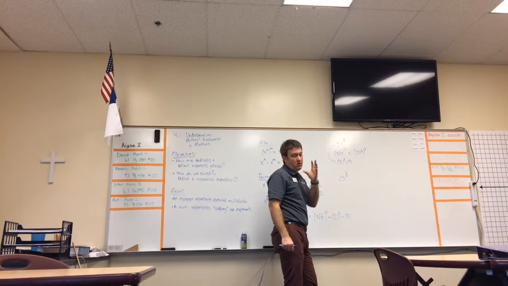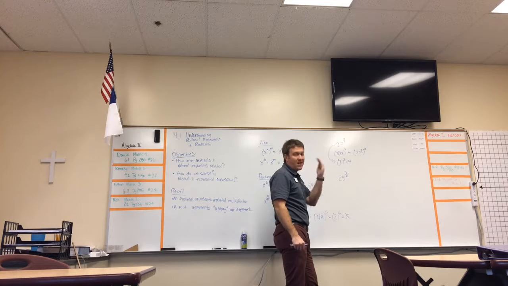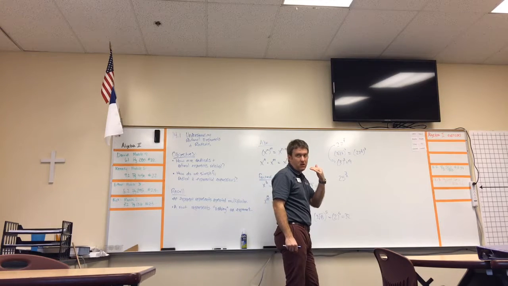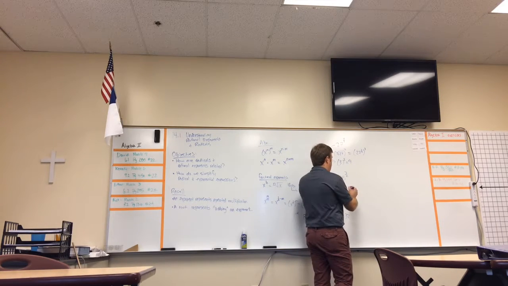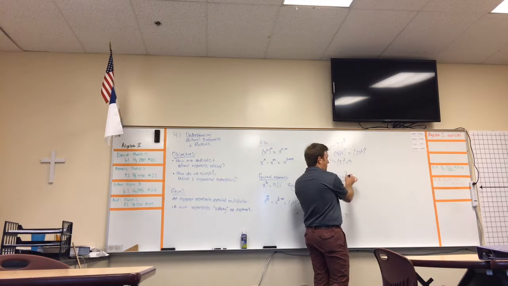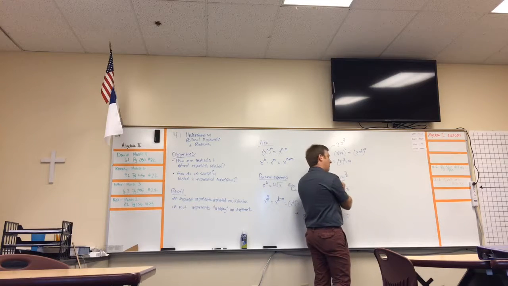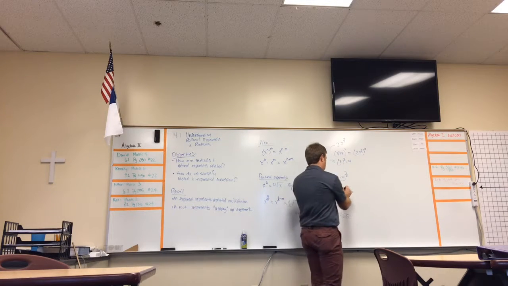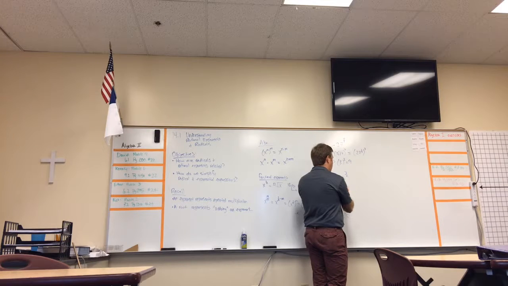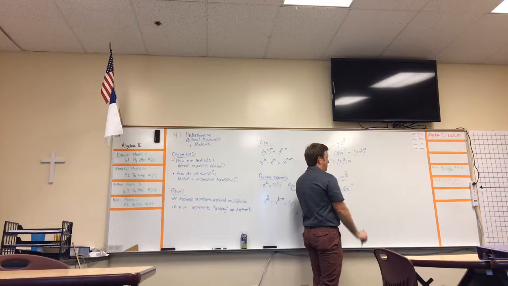When I have m over n here, the radicand is 25. Then the index on my radical is going to be 2. There's an implied 2, but I'm going to write it in just so we know what we're talking about. And then the remaining exponent is a 3.